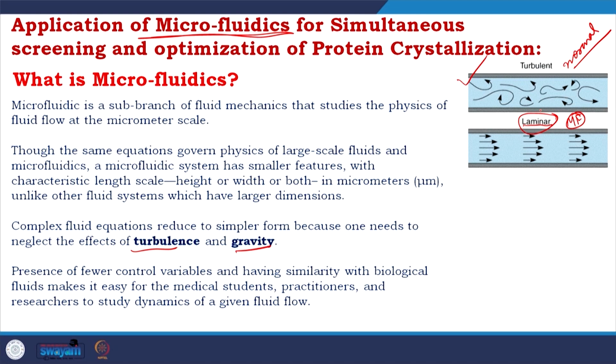We love it because the model is simpler. We do not need to remember a lot of equational factors. More importantly, it is more like biological fluid, but there is even more.